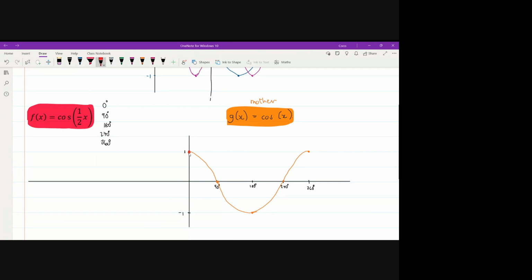Let's keep going. What about cos of 90? Remember, you need to put in cos of half times 90 degrees. It should give you something ugly, a number with a square root in it. I'm going to ask you guys to click the SD button for me, please.